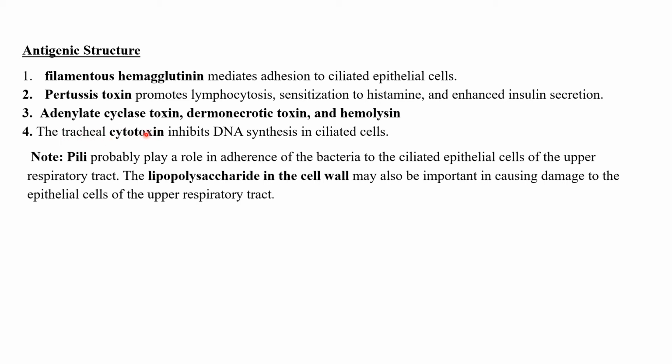The tracheal cytotoxin inhibits DNA synthesis in the ciliated cells, and also fimbriae probably play a role in adherence of the bacteria to ciliated epithelial cells of the upper respiratory tract. It also has lipopolysaccharide in the cell wall that may be important in causing damage to epithelial cells of the upper respiratory tract of humans.